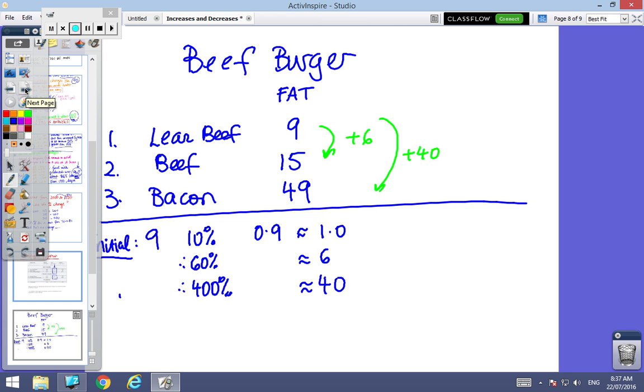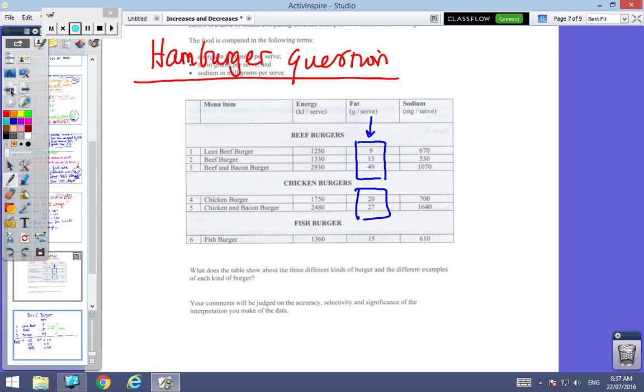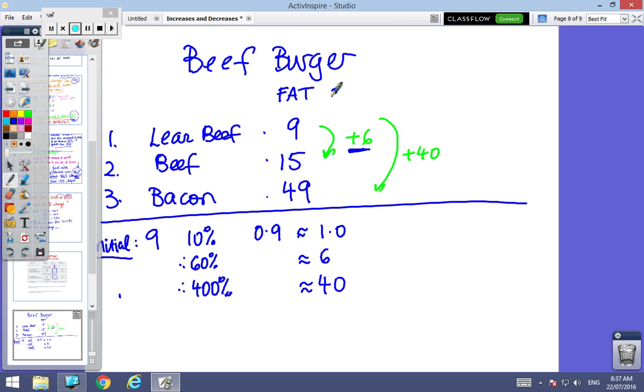Okay, so in the beef burger, lean beef burger, and bacon burger, there was 9, 15, and 49. Obviously you could say there was a 6, I'm not too sure what the scale is, grams per serve. So rather than just saying there was a 6 gram per serve increase or 40 gram per serve increase, let's look at the percentages.